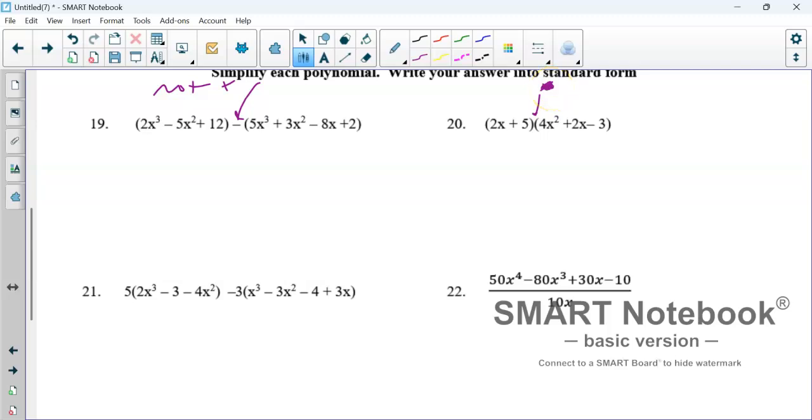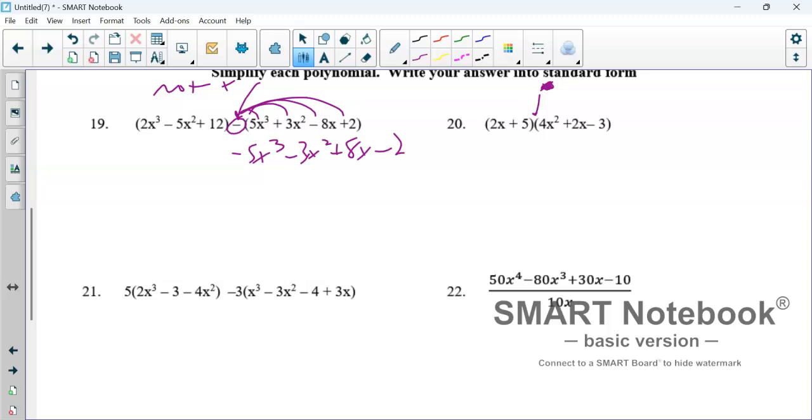This one is subtraction, which means you're just distributing the negative sign and making this negative, this positive, and this negative. If this was a plus sign here, you'd basically just get rid of the parentheses. It doesn't do anything. And now we're going to join like terms.